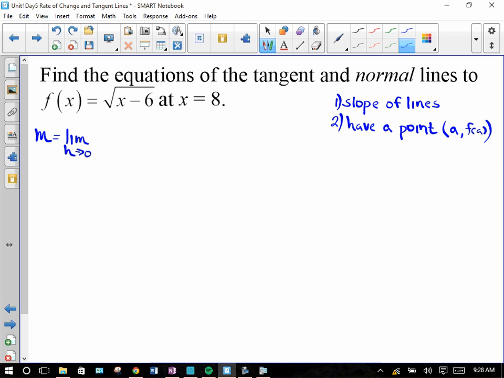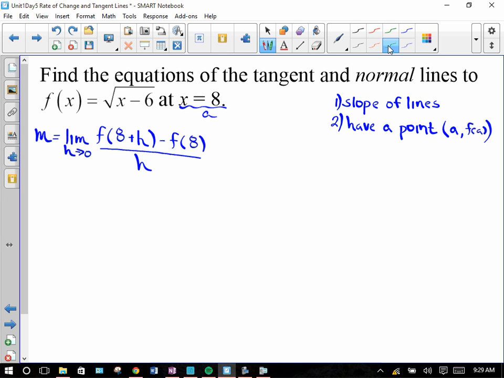Now, first of all, what's our a value? What's a here? 8. Alright, so that's a. So we have f of 8 plus h minus f of 8 all divided by h. So we're going to plug all this in.